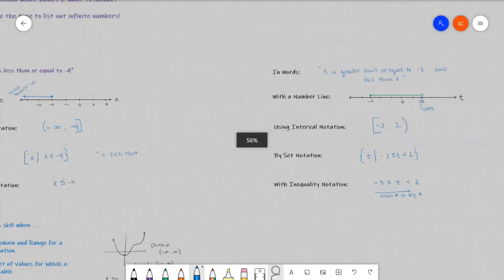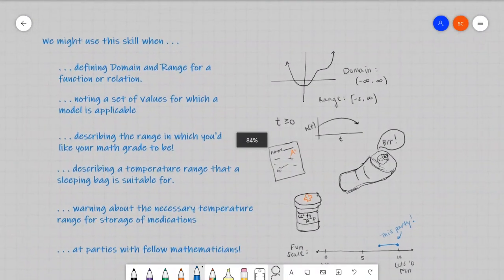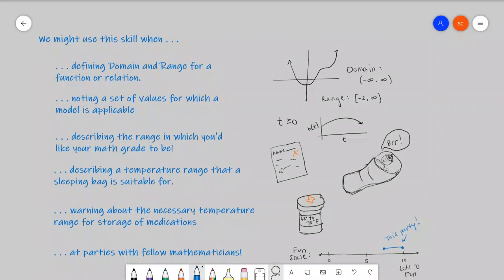Let's check out when might we use this skill in our other math class settings. So we might use this skill when we're talking about defining domain and range for a function or relation on a graph. We might note a set of values for which a model is applicable, saying we don't care about negative time, we don't care about negative height, those ideas. We might describe a range in which we want our math grades to be, right?